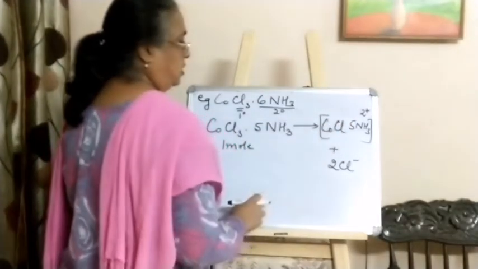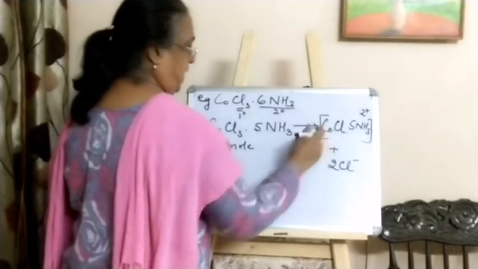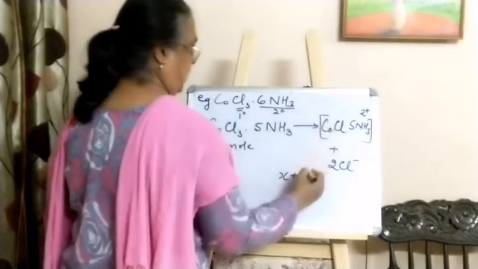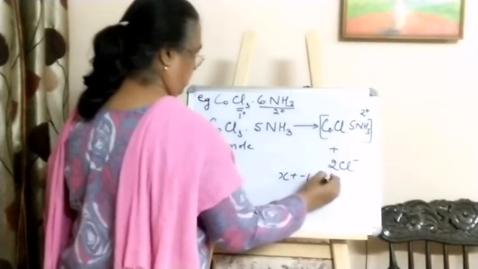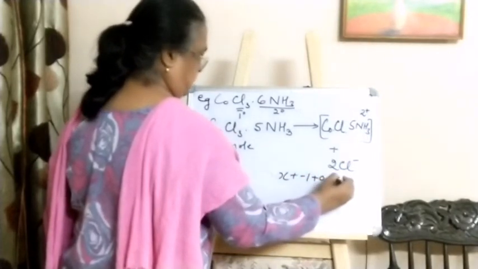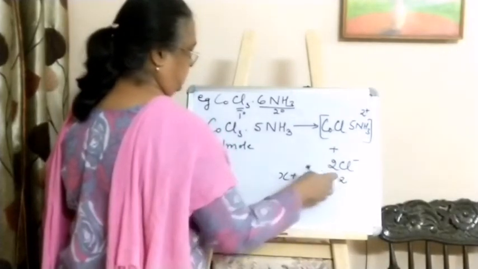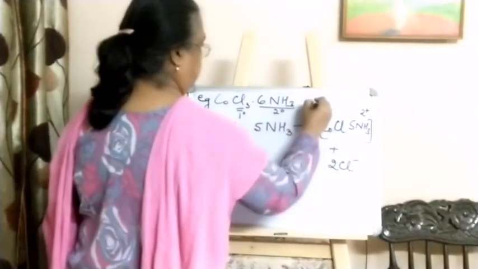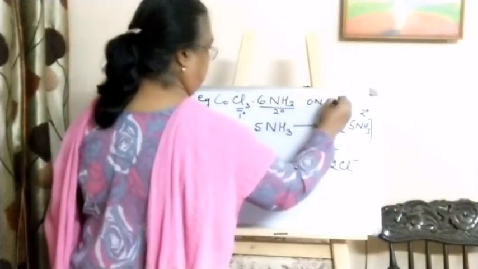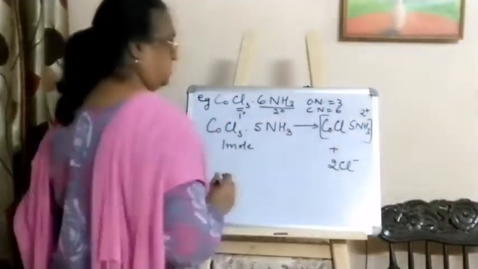In this case, the coordination number is 5 and 1, 6, and the oxidation state you can calculate. Cobalt is X, chloride is -1, ammonia is 0. This is equal to +2, so this -1 will become +1, so it will be 3. So oxidation number will remain 3, coordination number is remaining 6.